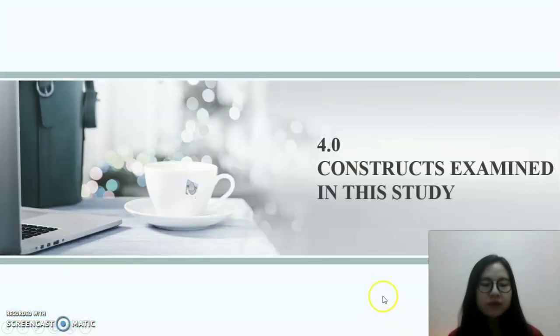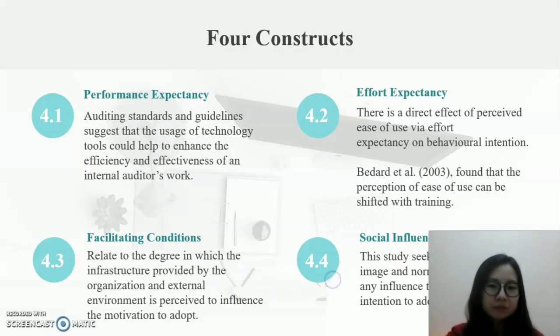Next, the constructs examined in this study. In this section, we explore each of the constructs from UTAUT that are proposed for testing in this study. The first one is performance expectancy. Auditing standards and guidelines suggest that the usage of technology tools could help enhance the efficiency and effectiveness of an internal auditor's work.